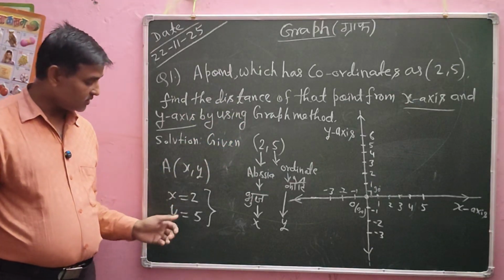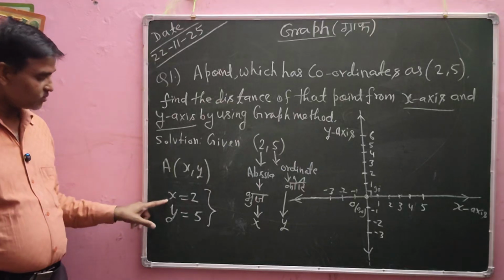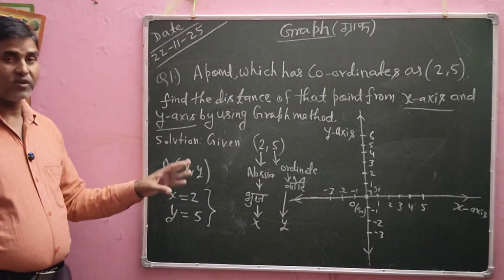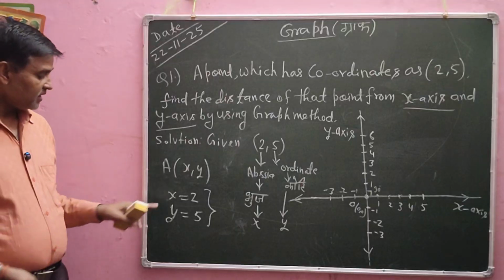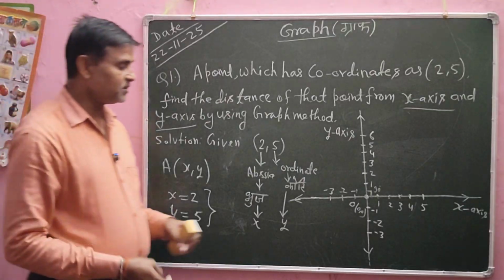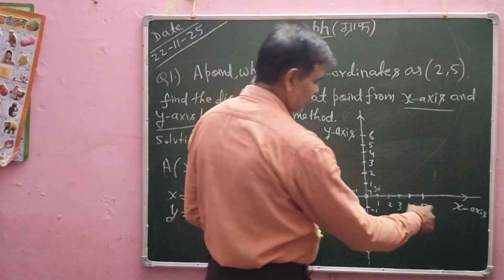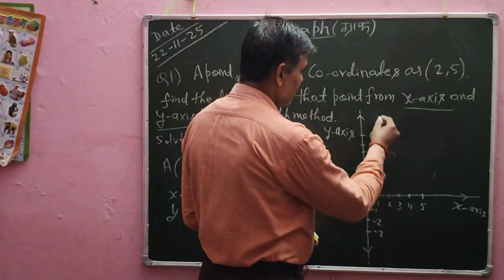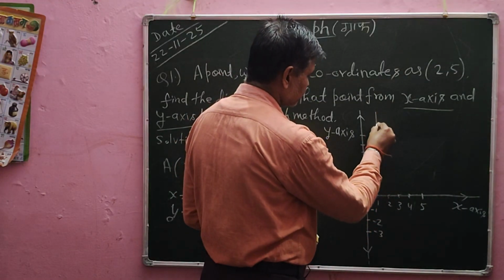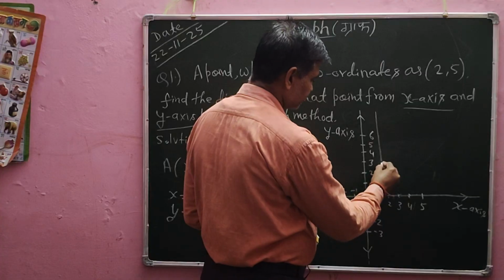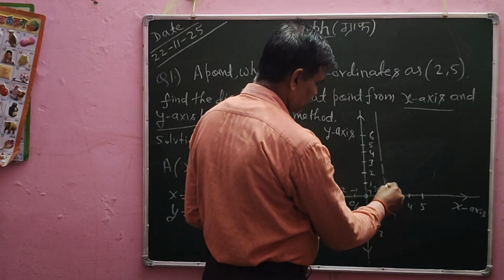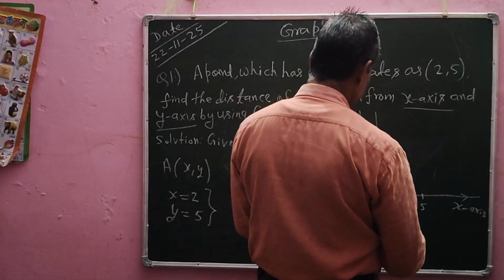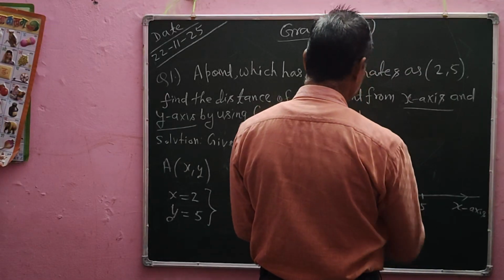Okay students, here I have got two straight lines, and I will draw these two straight lines in the xy plane. First, the x is equal to 2 line. It means a line which is passing through x equal to 2.